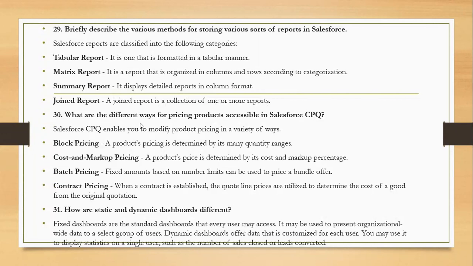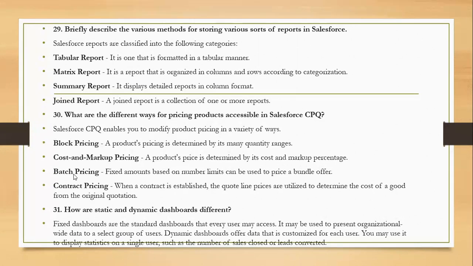Next question: what are the different ways of pricing products and assemblies in Salesforce CPQ? Salesforce CPQ enables you to modify product pricing in a variety of ways. Block pricing: a product's price is determined by its quantity and cost to the maker. Market pricing: the product price is determined by its cost in the market.